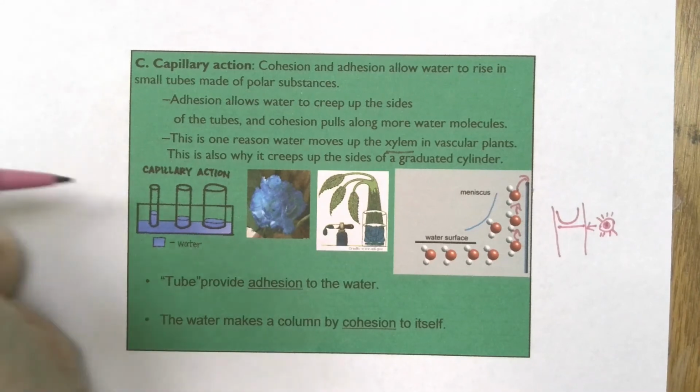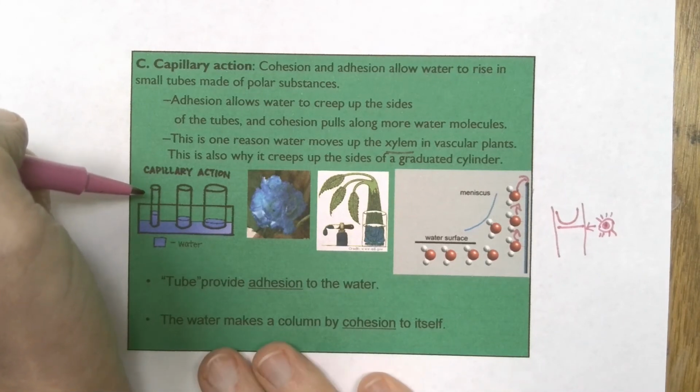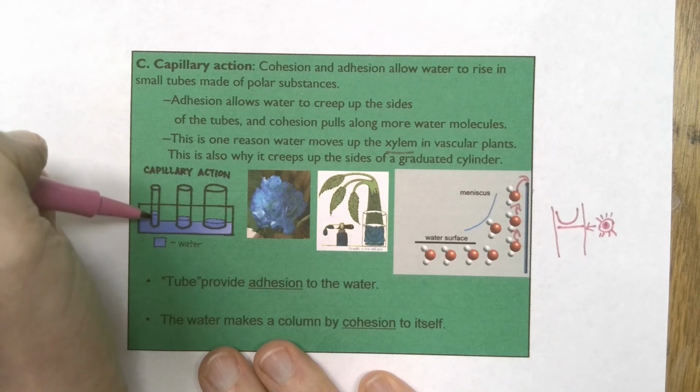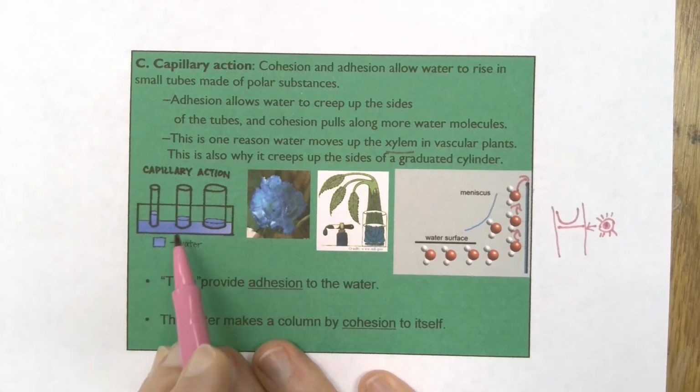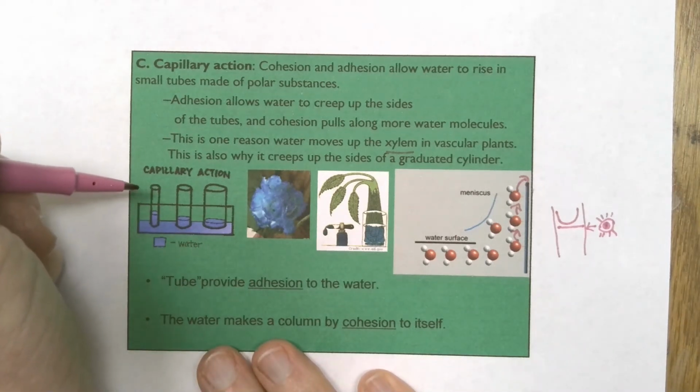And so the skinnier the tube, the further the water is going to move up the tube. Notice that the height of the water is higher here on the left than it is in these other two, because water is going to move further via capillary action.